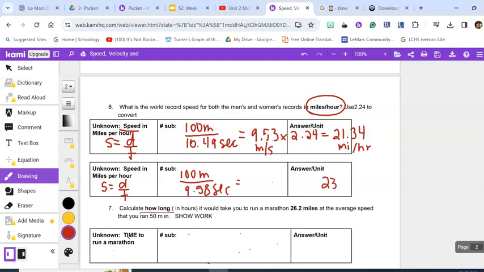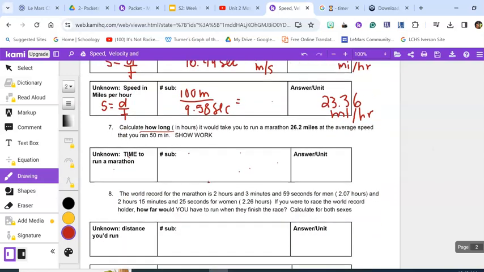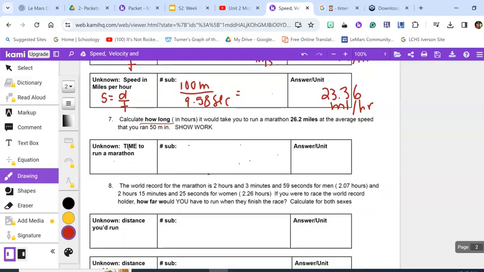Okay, so 23.36 miles per hour. And I think Sione in his 10-meter flies last year went 21, maybe 22. Okay, that kind of gives you a point of reference.